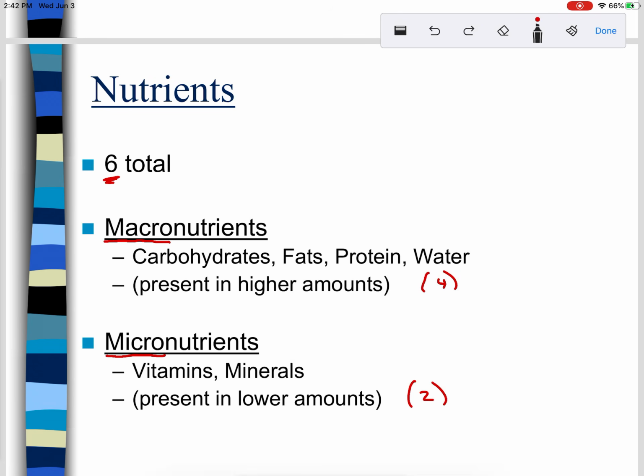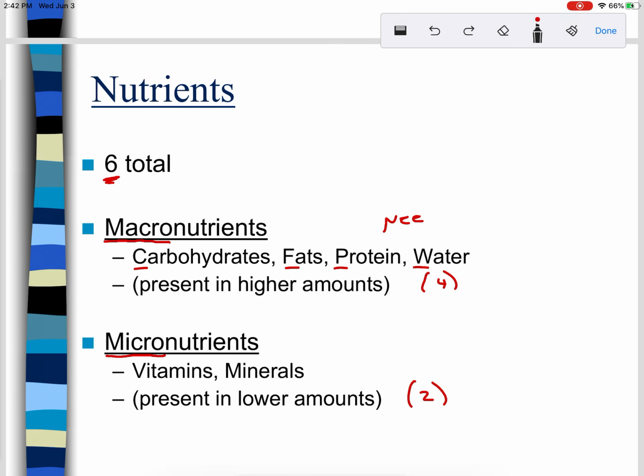You might think, looking at that word, because I know that you're good students and you're breaking down the word already, and macro means big. So you might automatically think that a macronutrient just means that the nutrient itself, the chemical compound itself, is bigger. But that actually isn't the case. What macronutrients mean, so these 4, carbohydrates, fats, protein, and water, you should know those.